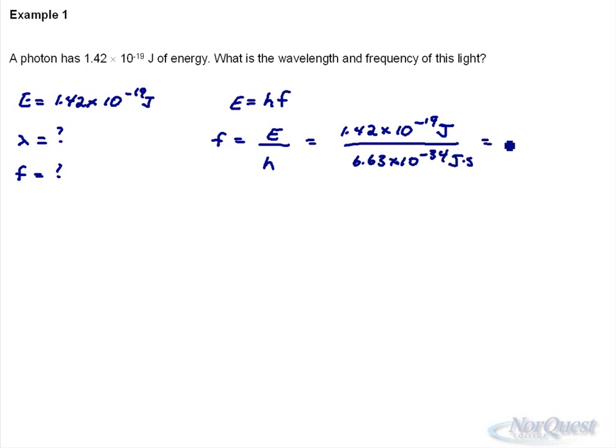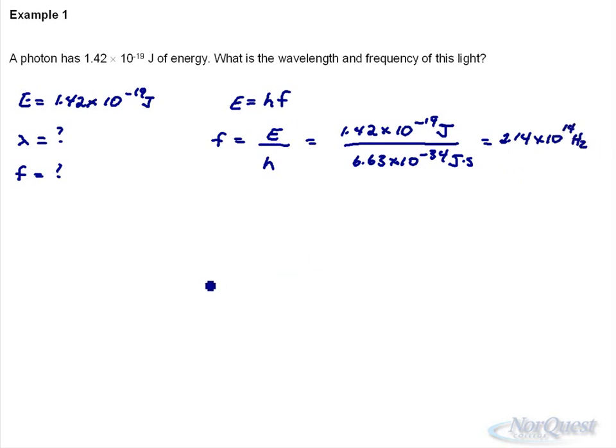If I punch it in my calculator, 1.42 to the exponent negative 19 divided by 6.63 to the exponent negative 34, you get 2.14 times 10 to the 14 hertz.